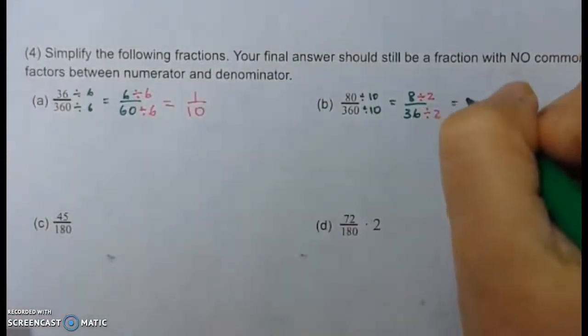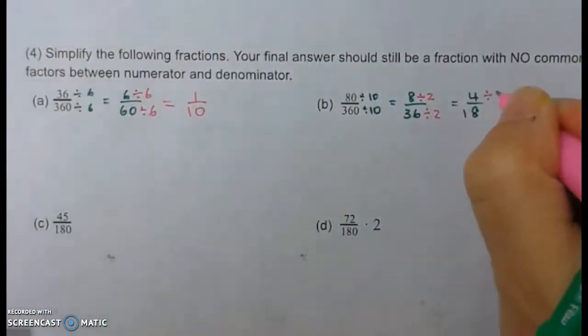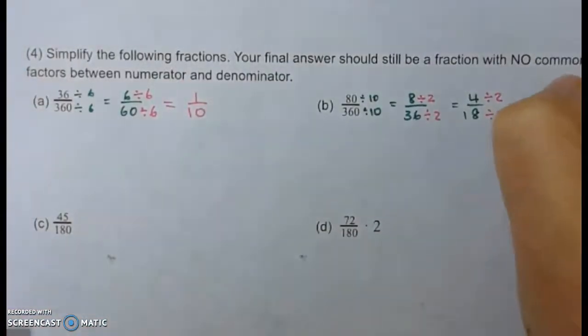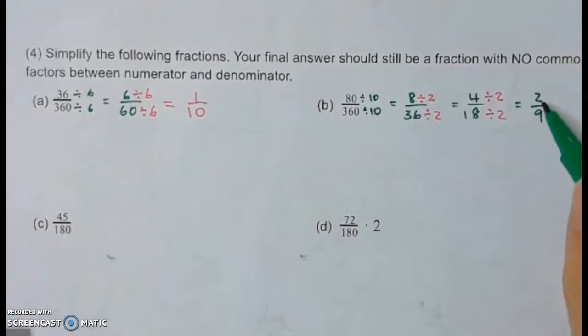So that becomes 4 over 18. They're still even numbers, so I can divide them both by 2 again. And that leaves me with 2 over 9. Are there any common factors? As the numbers get smaller, you can see if there are more common factors, and there are not.